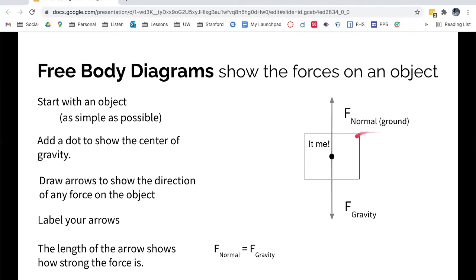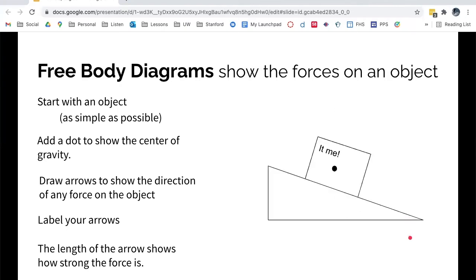So the ground was pushing me back up, preventing me from falling down to the center of the earth. And so I have the upward force matching the downward force of gravity. And that's it. That's all you have to do for a free body diagram.